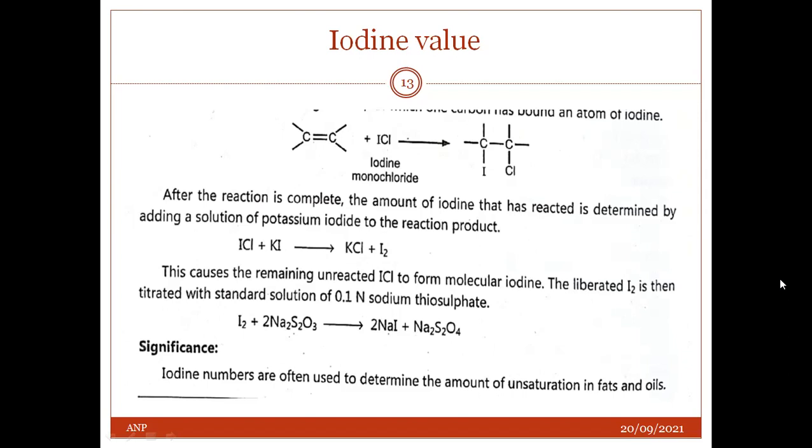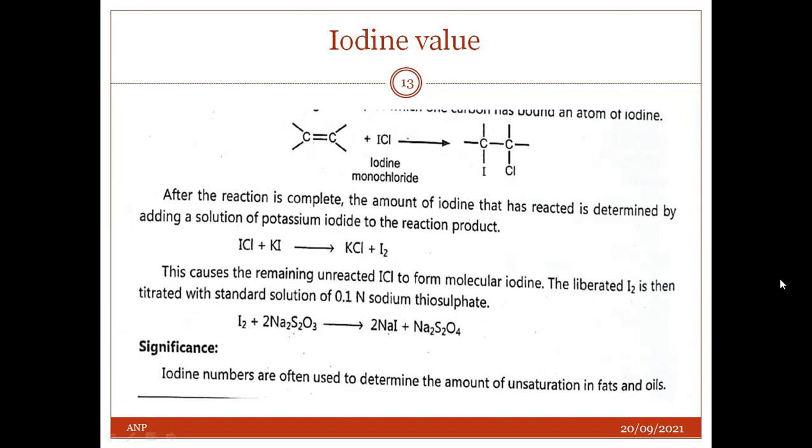The higher the iodine number, the more carbon-carbon double bonds are present in the fat. For example, coconut oil is very saturated, which makes it good for making soap. On the other hand, linseed oil is highly unsaturated, which makes it a drying oil well suited for making oil paint.